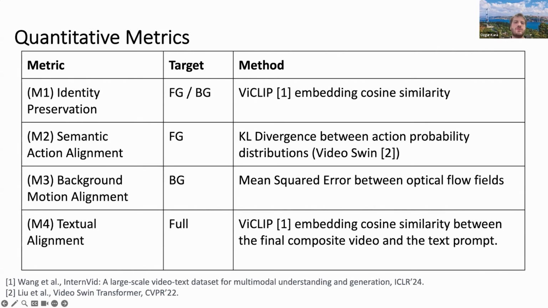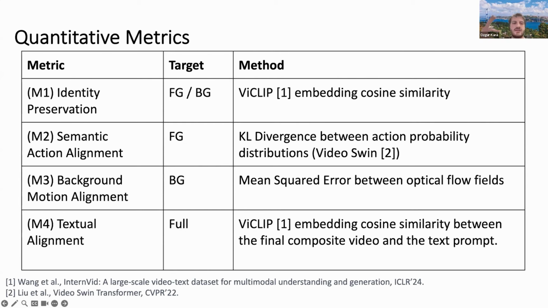And in terms of quantitative metrics, we need some of them to define our success. And we used four key metrics. So the first one is the identity preservation metric, where we measure the differences between the embeddings for the foreground of the input and foreground of the generated video, as well as for the background.